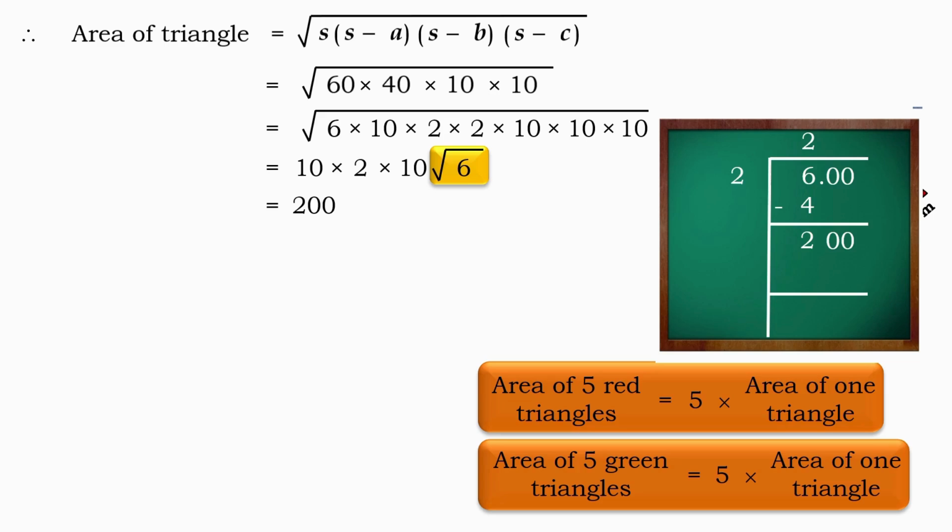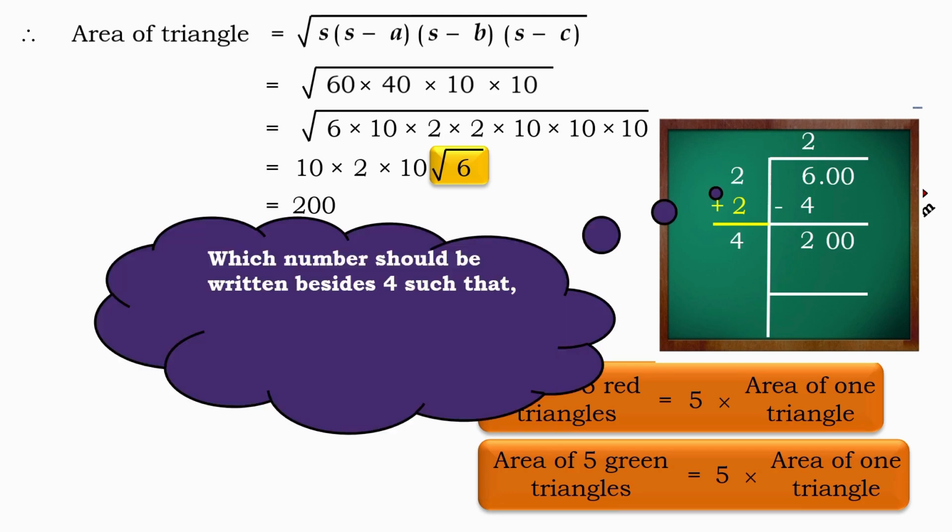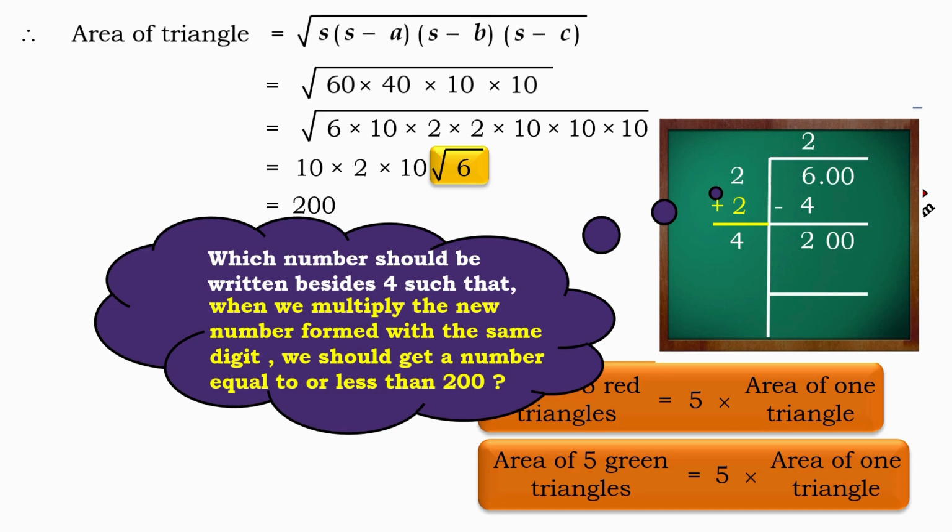And we also bring down the 0, 0. At the top we write 2 point, then we bring down. Then 2 plus 2 will be 4. Now we need to think of a digit that should be placed after 4, such that when we multiply the new number with the same digit, we get a number equal to or less than 200.